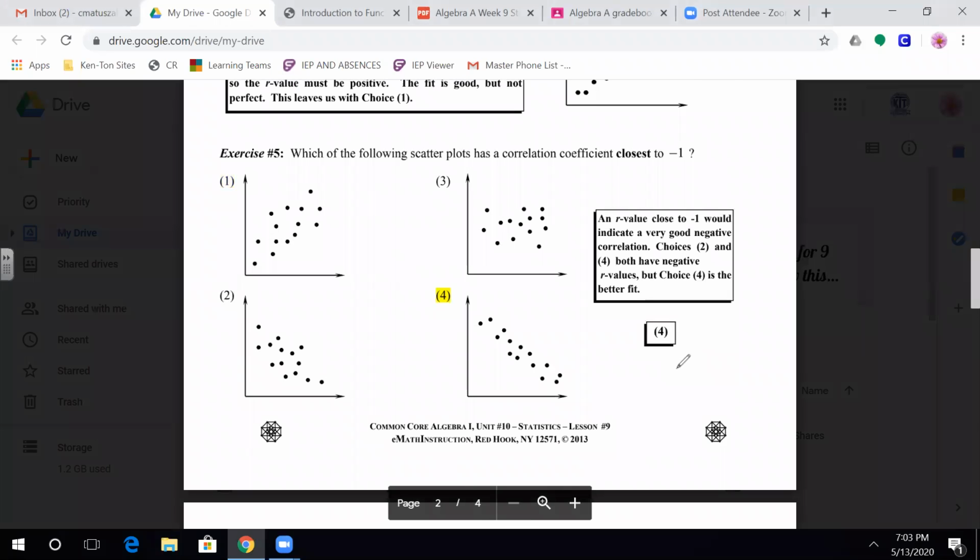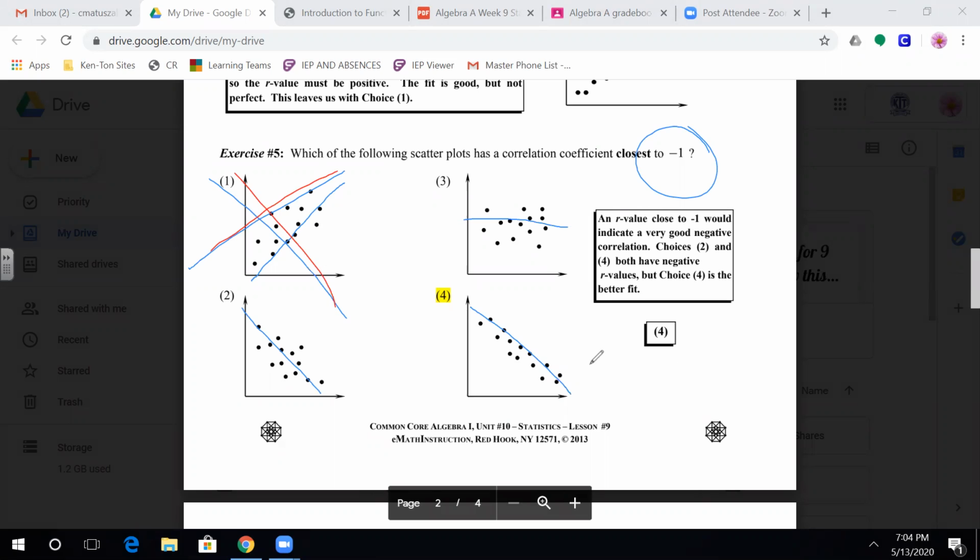Okay, which one has the correlation coefficient closest to -1? Well, first of all, if you draw your line, I'll draw my lines in all of these. If you see this one, it's going up, it's positive. It's not negative, so it can't be 1. 2 is negative, so we'll come back. 3, I couldn't really draw a line.